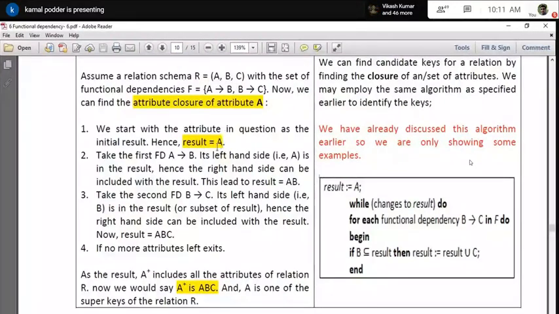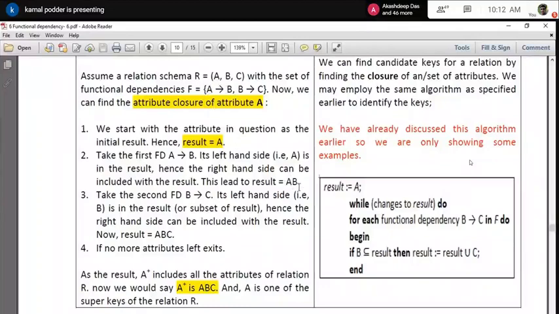So after checking this FD, A was there from the initialization process, because I am trying to find out the closure of A. When checking this as per the algorithm, I find that A is there, the left hand side is already there, so I include B.